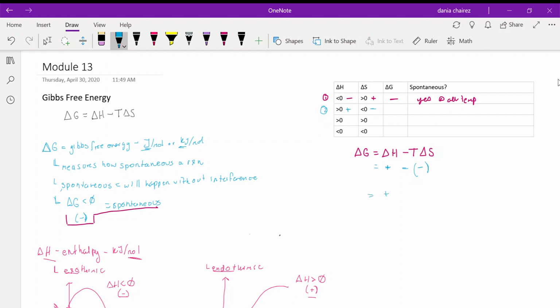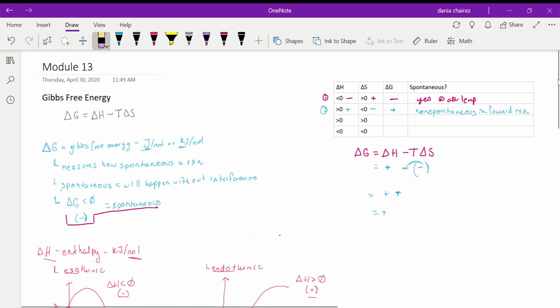So we have a positive, and then we distribute that negative. So we have a positive and a positive, so our delta G will be positive. So that means that it is non-spontaneous in the forward reaction.